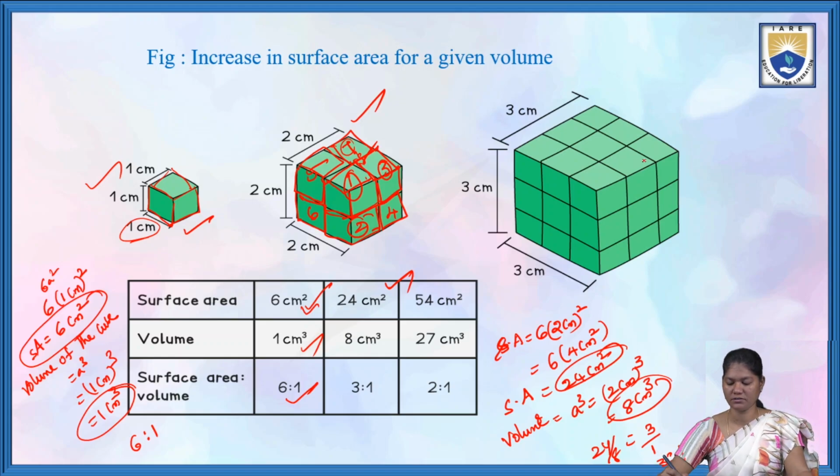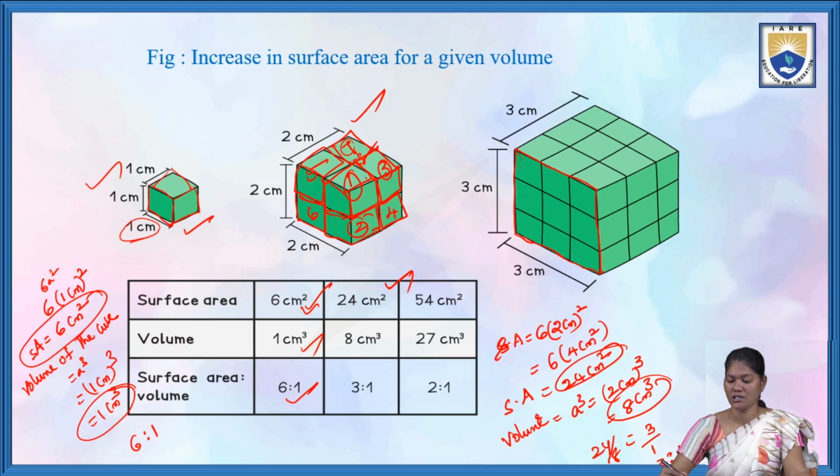Coming to the third diagram, the cube has been divided into 27 pieces.